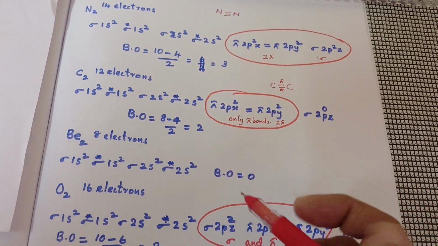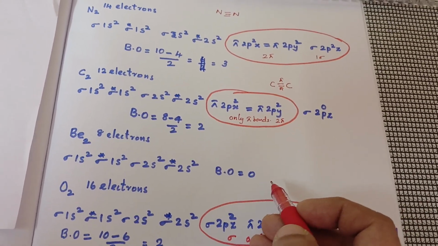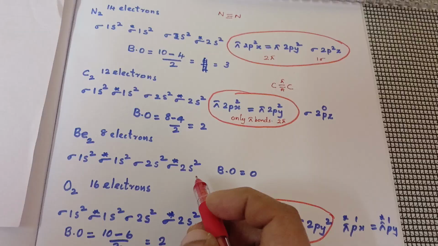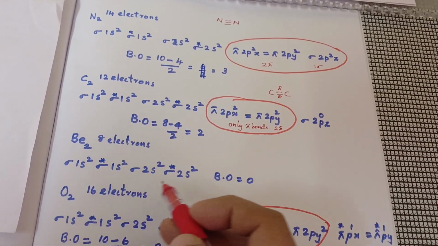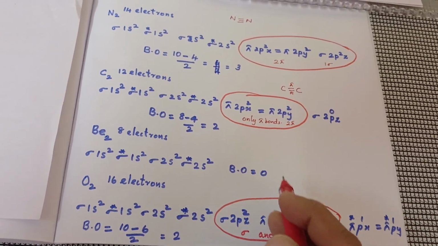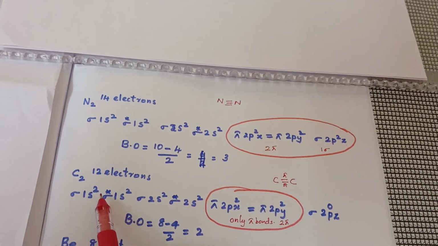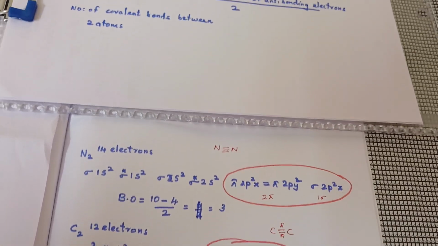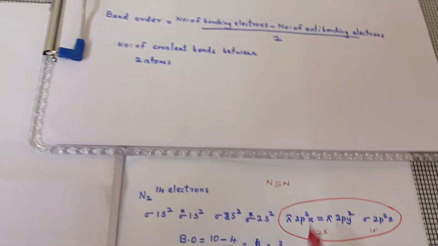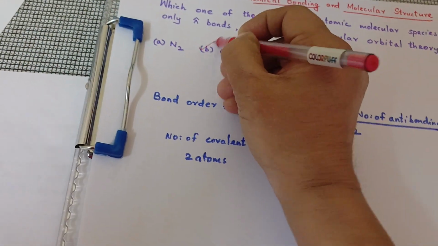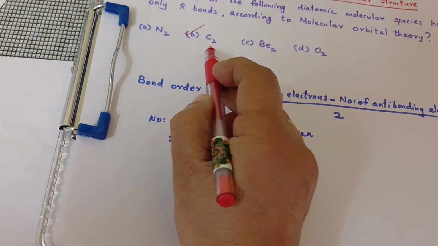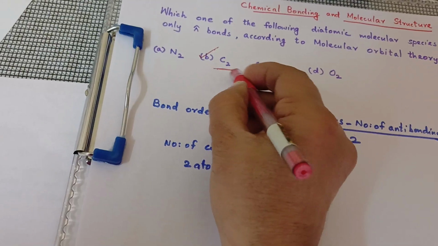So 4 minus 4, 0. So bond order is 0. So according to molecular orbital theory, this molecule Be2 does not exist. So this is also not the answer. We have found one, that is C2, where there are only pi bonds. We'll just mark that, option B, C2, having only pi bonds.